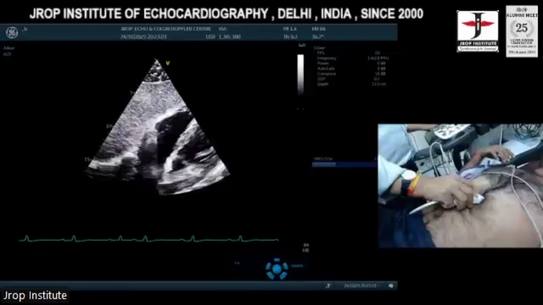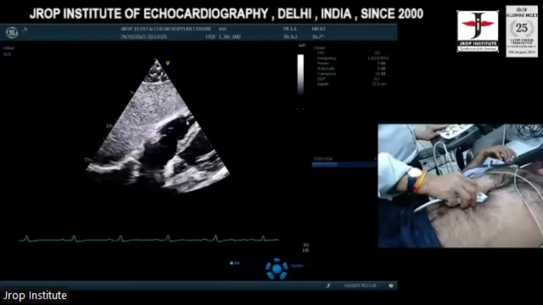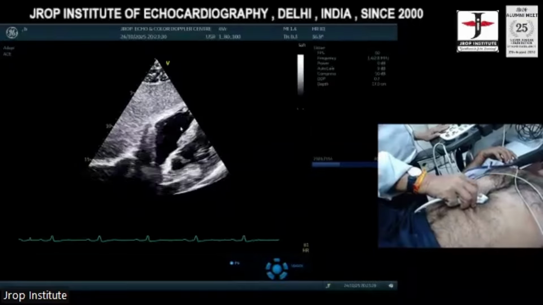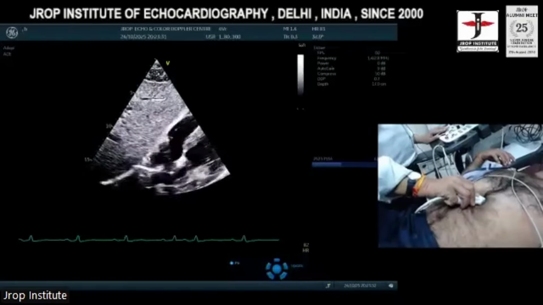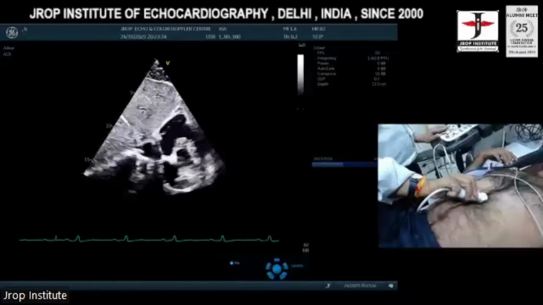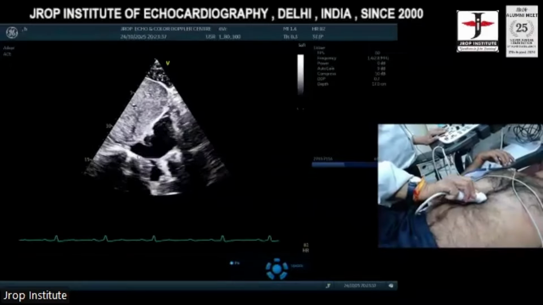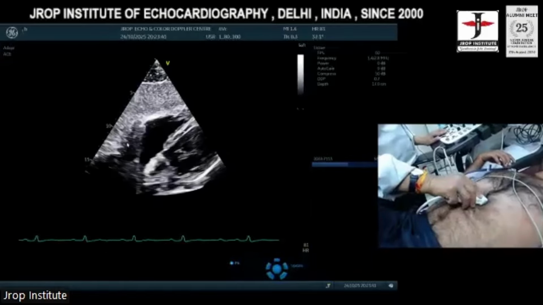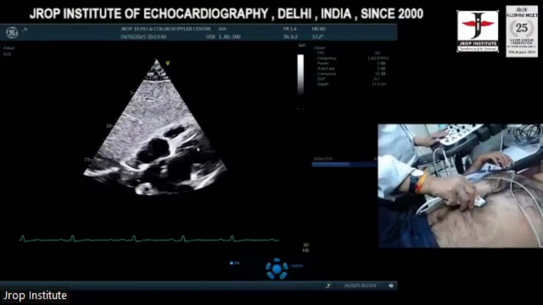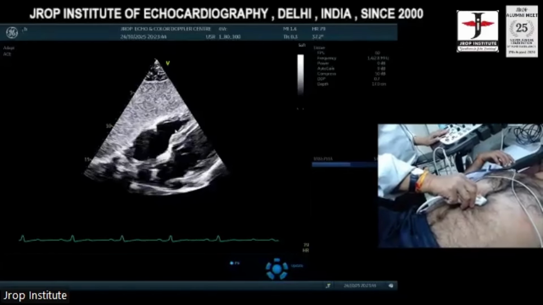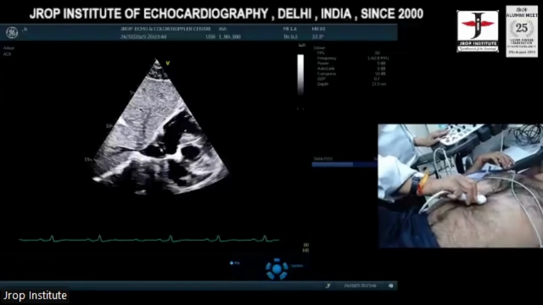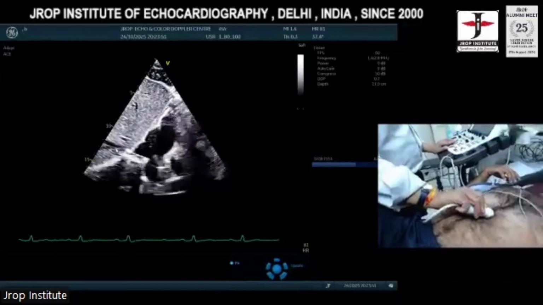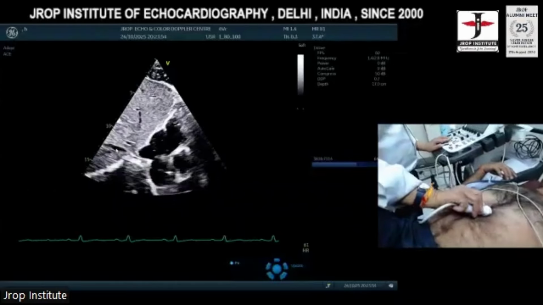You see an RV free wall, RA, RV, and counterclockwise rotation will show you the IVC. Here is the IVC. Here is LA, LV, LA, RV, RA. Counterclockwise rotation will show you the IVC. Look, the IVC is very small in size. It means he has a volume deficit.